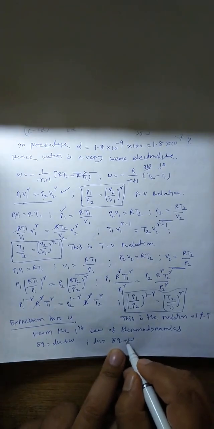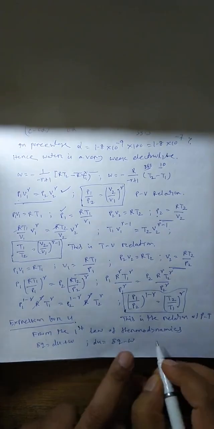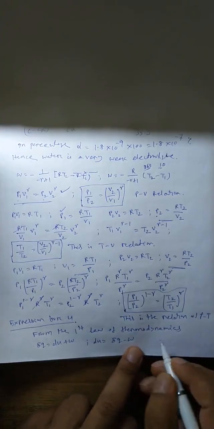The minus means expansion. In this case, del Q is equal to 0 because it is an adiabatic process.